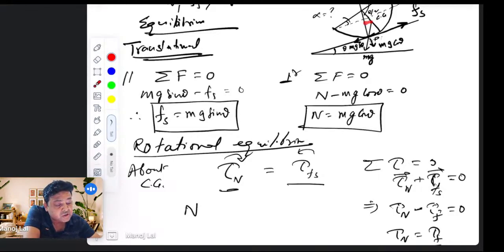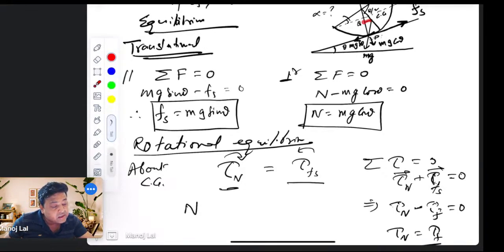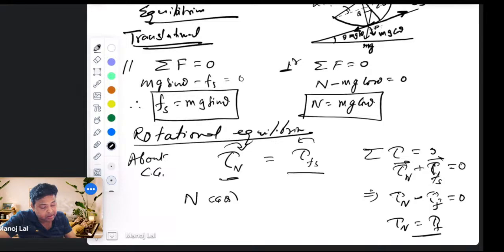The perpendicular distance is this one, so let me name this point Q. This is the perpendicular distance, CG to Q. Then I can say N into CGQ, the perpendicular distance, must be equal to the torque of friction, that is friction into its perpendicular distance.